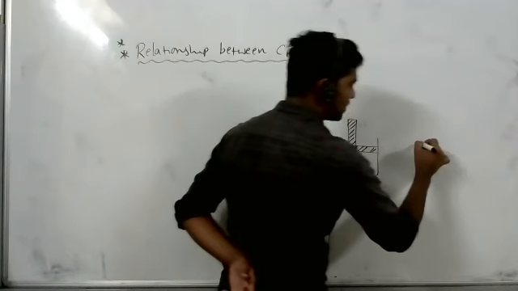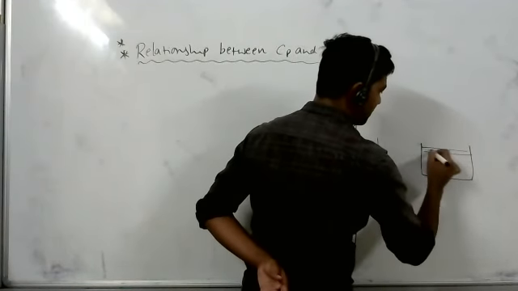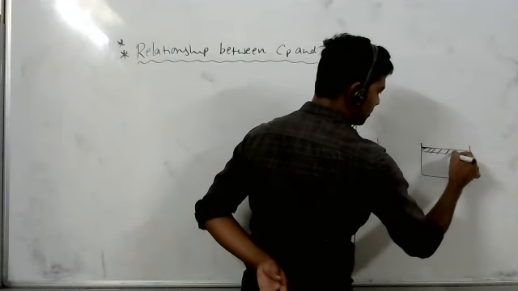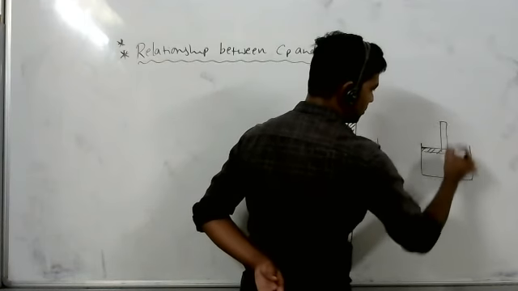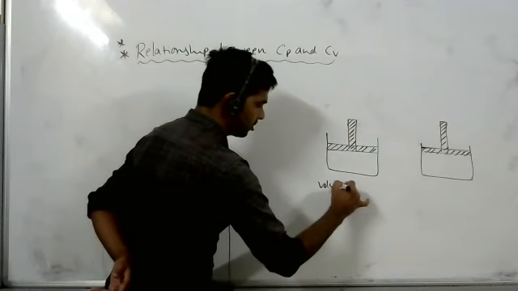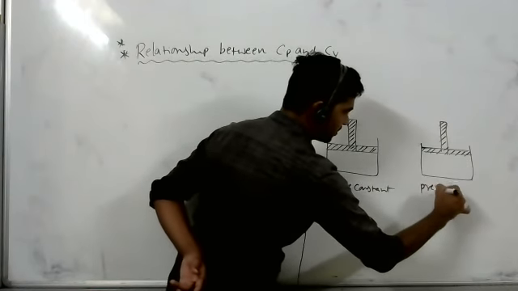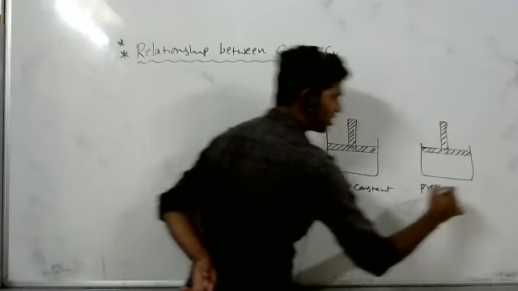Here I'm taking another system, where the external pressure of the system is kept constant. So here volume is constant, and here pressure is constant, the external pressure.